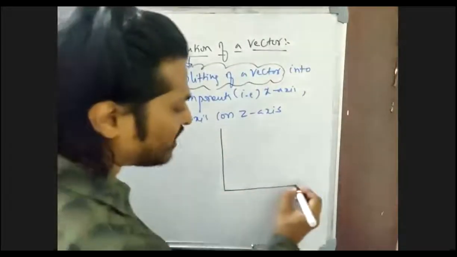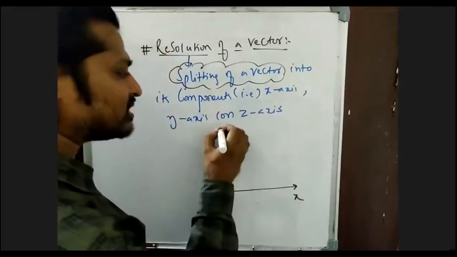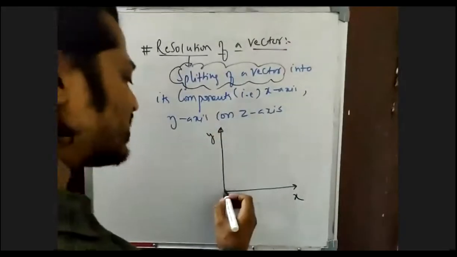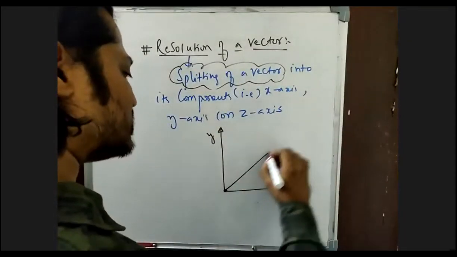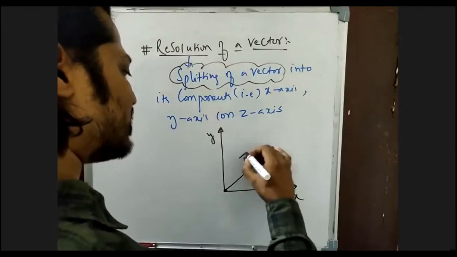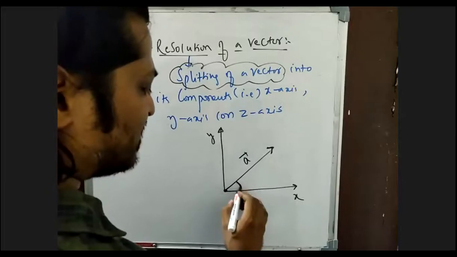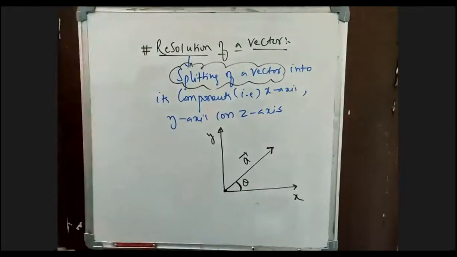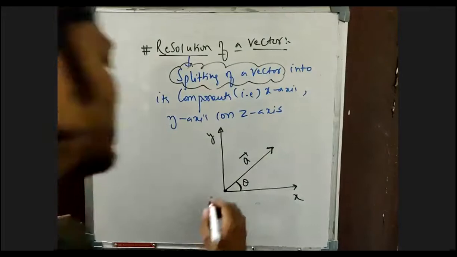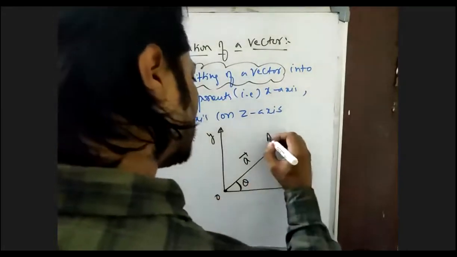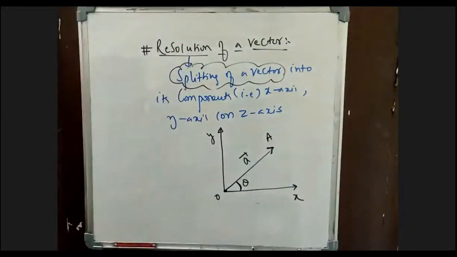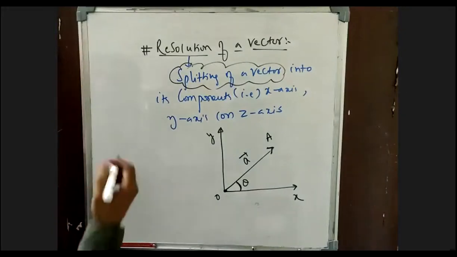Now see here, I'm taking a vector. This one is the x-axis and this one is the y-axis. I have a vector here with one point and another point. Say this is a vector A bar. This is the tail and this one is the arrow. It is making an angle theta with the horizontal. Let's say this is O and this one is A. So the vector is OA.